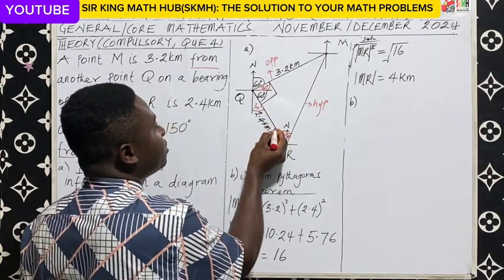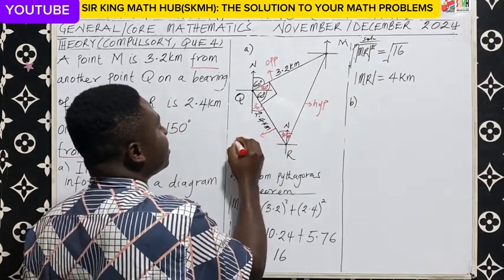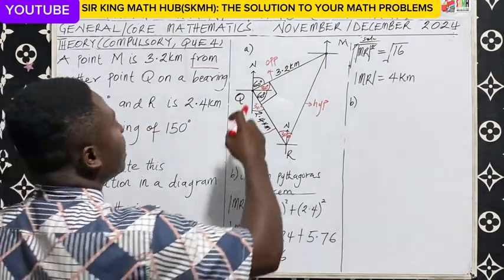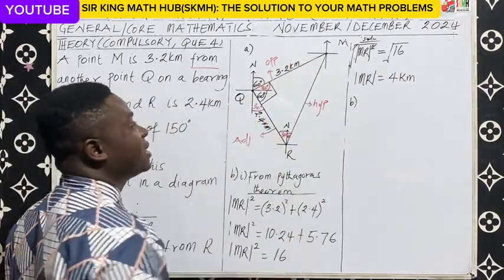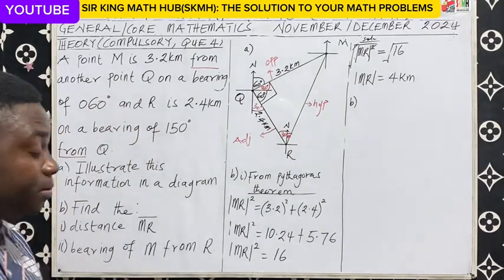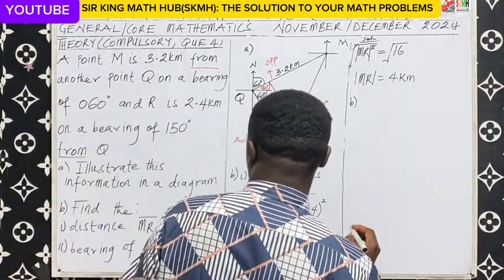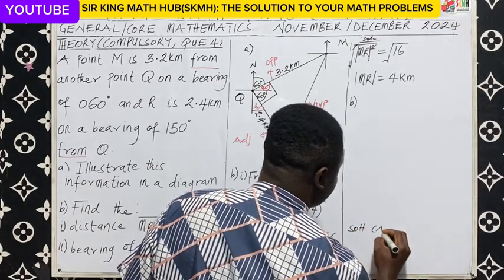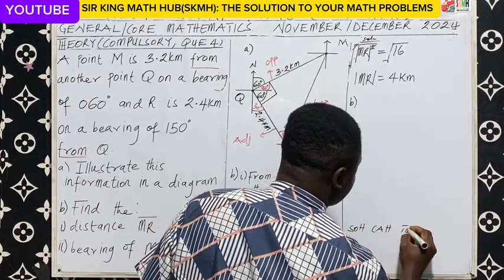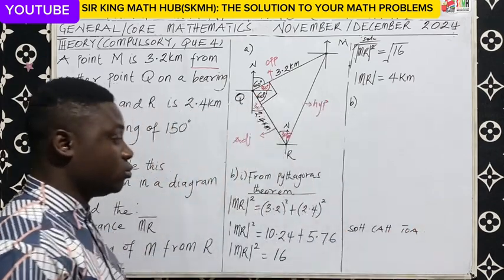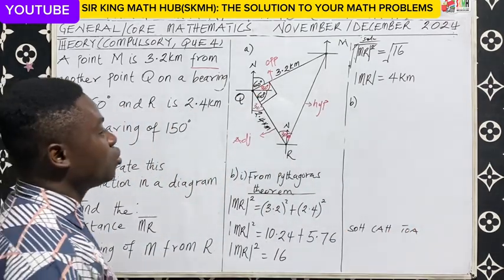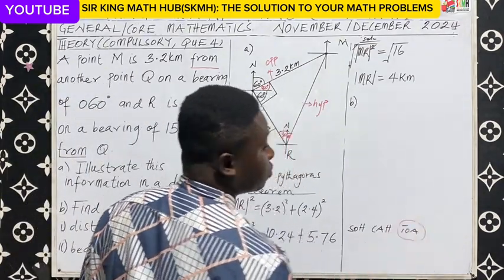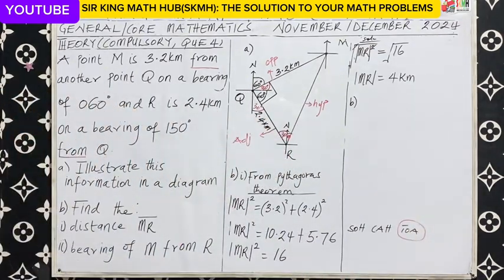Then obviously the remaining side becomes the adjacent. So we know the length of the opposite, we know the length of the adjacent. So from SOHCAHTOA, which of them has opposite and adjacent? So clearly, you can see that that is TOA.